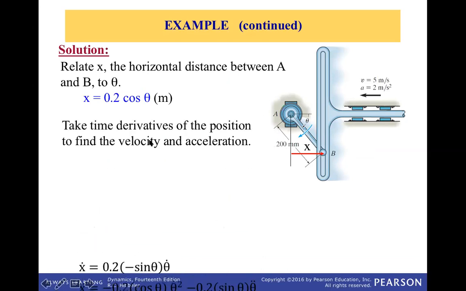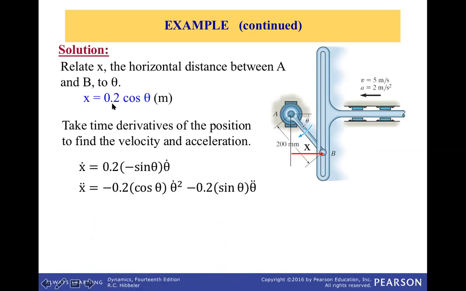Now you take the time derivative. The first time derivative gives x dot on the left hand side. On the right hand side, the derivative of cosine becomes minus sine, and you apply the chain rule, multiplying by d theta dt, that means theta dot. So this is the first time derivative.